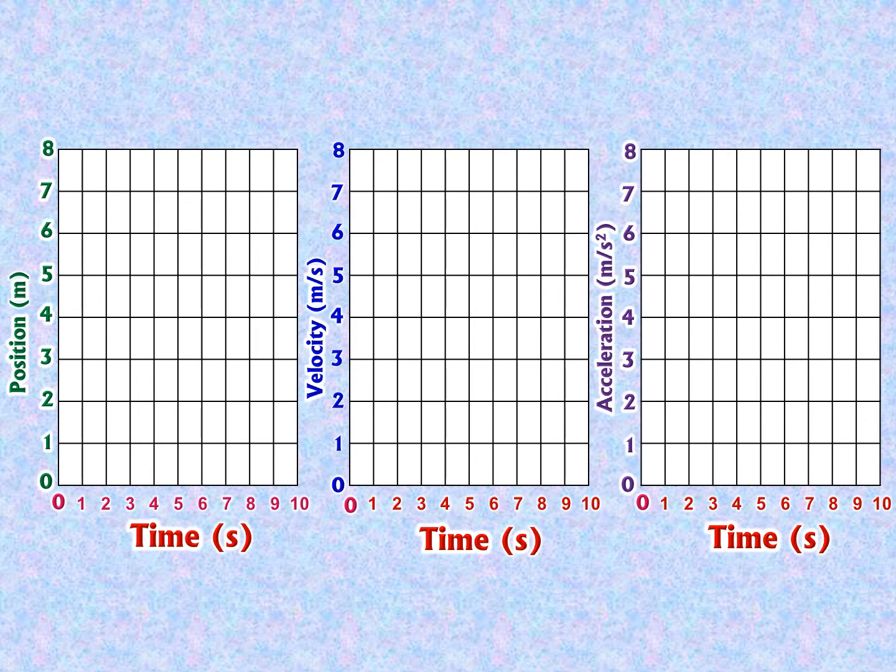Here we have 3 graphs: position versus time, velocity versus time, and acceleration versus time for the same moving object. So we've chosen to start at position equals 0 meters, time equals 0. That's always easiest. Now watch what happens with this one.